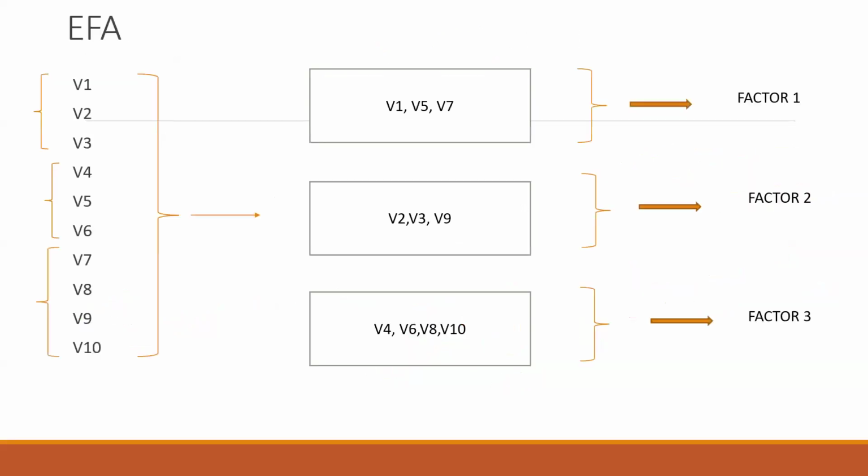Okay. Now see what happens. I'll explain once again, for those who have not understood. We have got 10 items. Now, when you run these, you assume initially that V1, V2, V3 is a part of construct A. V4, V5, V6 is a part of construct B, and V7 to V10 is a part of construct C. But when you run EFA, what happens is V1, V5, V7 get loaded under A. V2, V3, V9 get loaded under B, and the rest of the items get loaded under C. So now your factor 1 would be 1, 5, and 7, and not 1, 2, and 3.